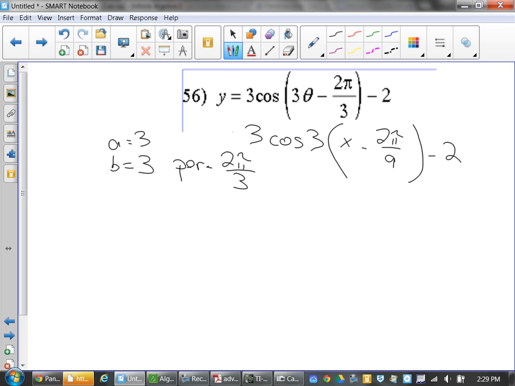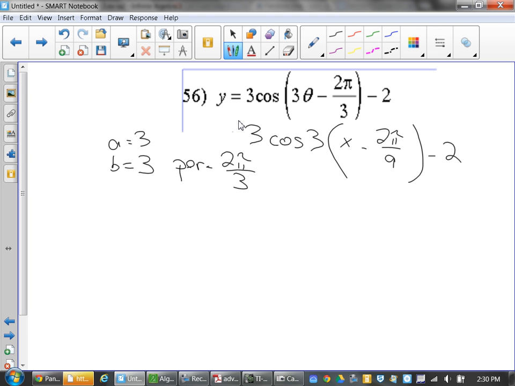It's A cosine B. So that gives me my period. My horizontal shift means I'm shifting to the right 2 pi over 9, and am I going up or down 2? Down 2.